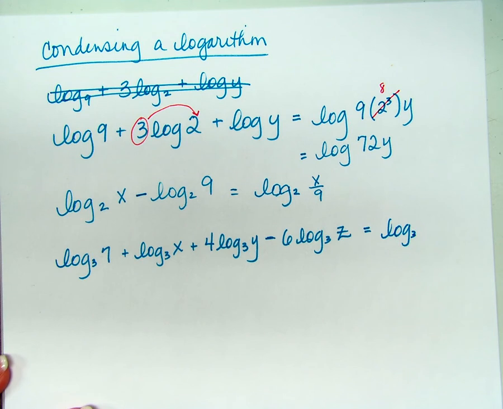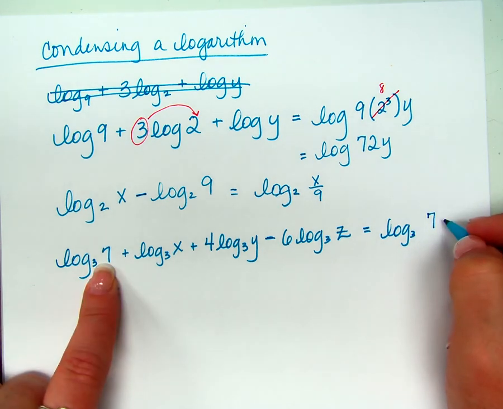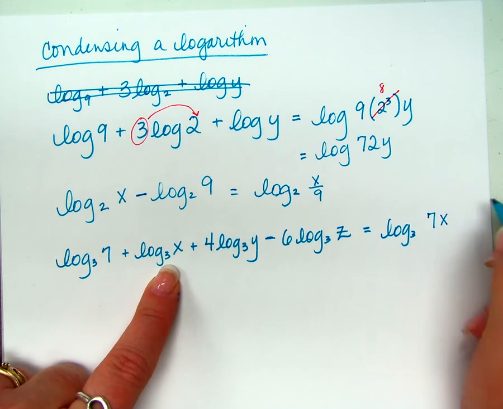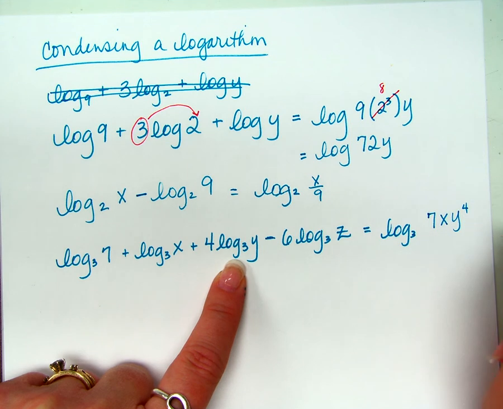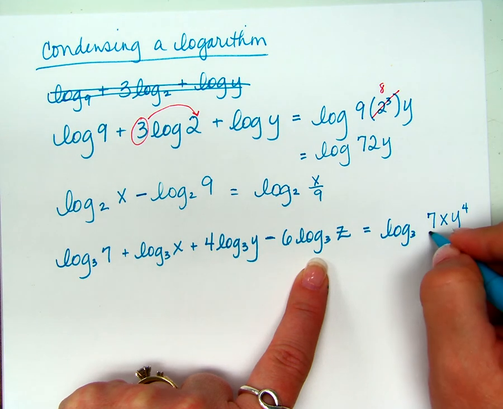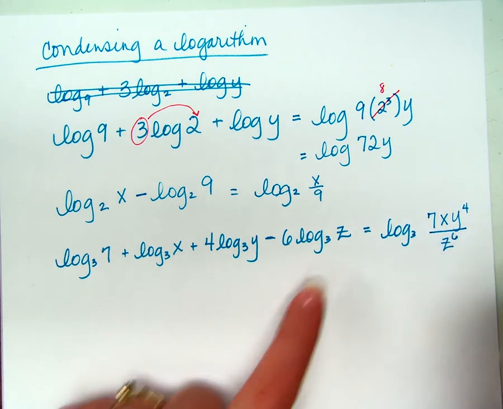Get that down, right? So start the answer right here. 7. I got the 7 from here. What do I get from here? The x. What do I get from here? y to the 4th. And does it go right here? Divided by z to the 6th.